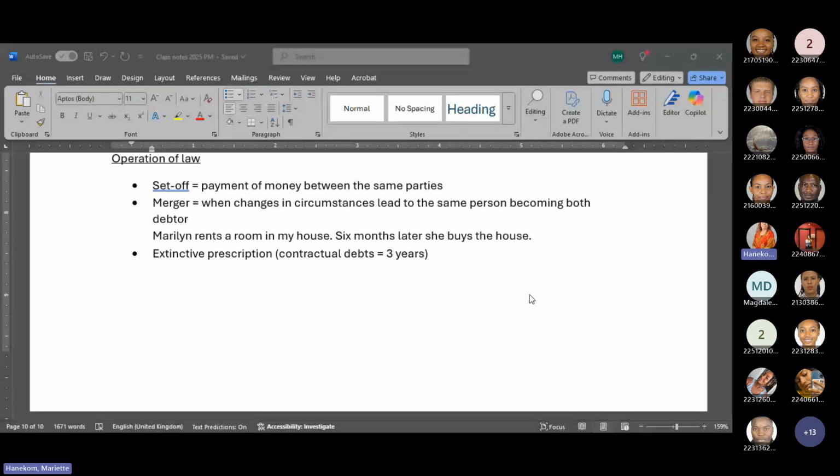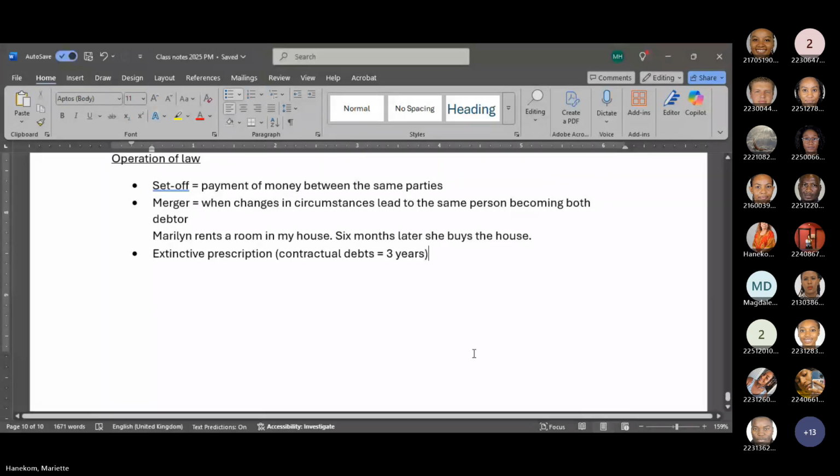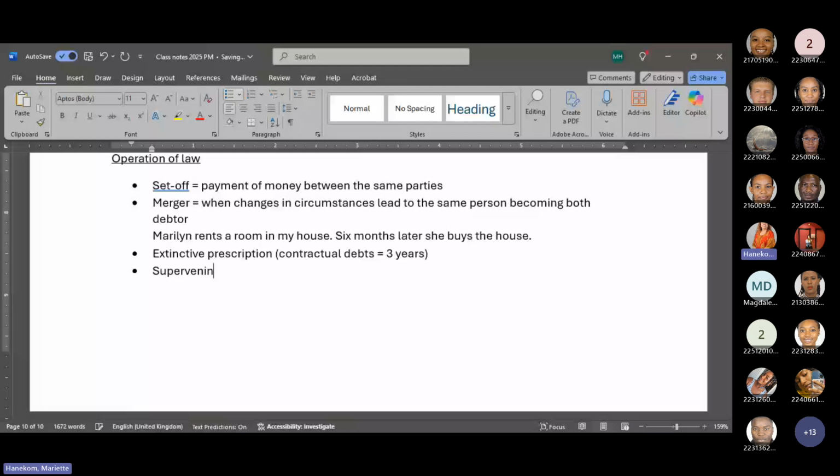And then the last one is supervening impossibility of performance.